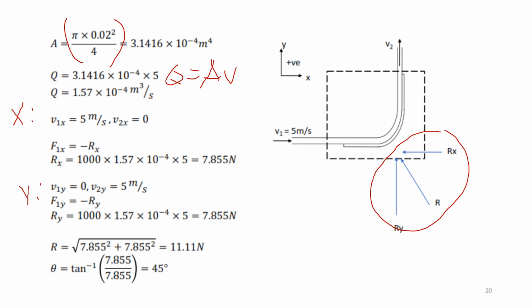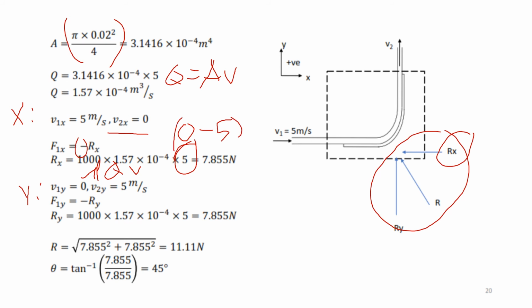For the x direction, I already mentioned that v2x is 0. So F1x equals negative Rx because it is in the opposite direction, so we have negative here. We substitute into the formula: density times Q times change of V. The change of V is v2x minus v1x, so here it is actually 0 minus 5.